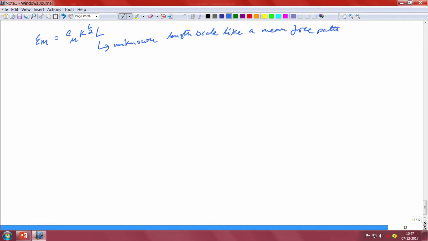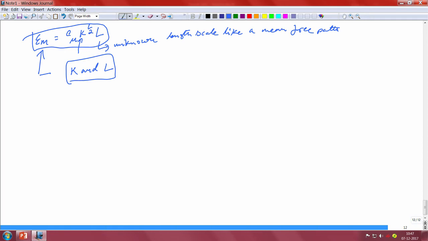So, in order to know epsilon m, we need to have knowledge of K and L. Epsilon m is written in this particular way. This is the turbulent kinetic energy, and this is some length scale which is akin to the Prandtl mixing length. So, this too needs to be solved if we have to close epsilon m. That is what we did so far in the class.